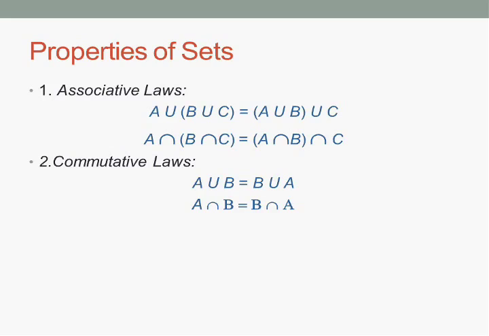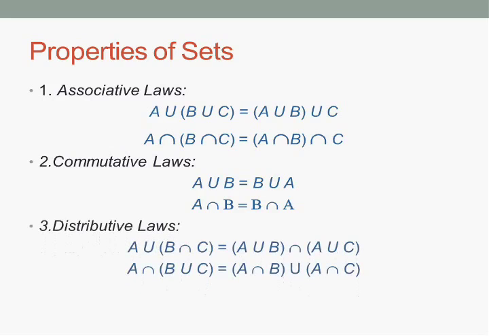Now once we start mixing operations, it becomes a little more complicated, and that's where the distributive law comes in. In the distributive law we can say that A union (B intersection C) equals (A union B) intersection (A union C). Similarly, A intersection (B union C) is the same as (A intersection B) union (A intersection C).